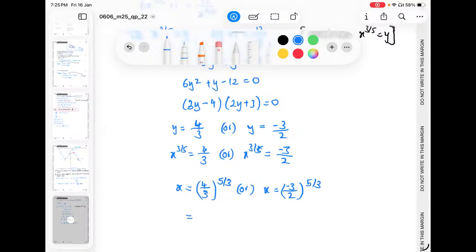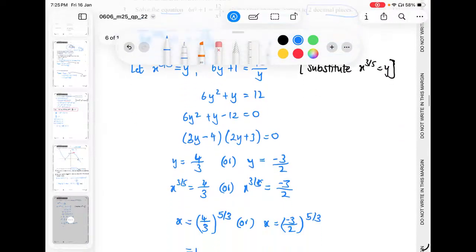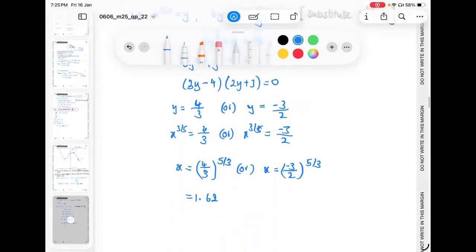So now when you write it in two decimal places, it's going to give you the answer 1.62, or x is equal to negative 1.5 to the 5 over 3, negative 1.97.